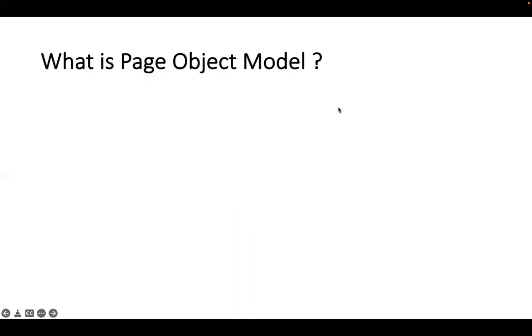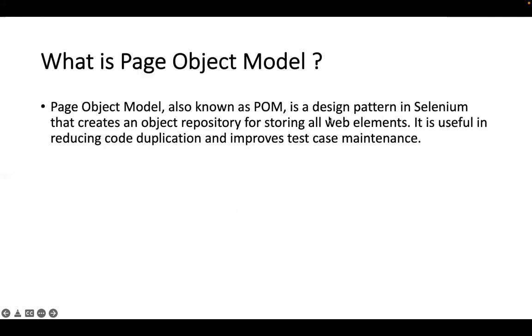So what is page object model? Sometimes it's called POM, but we should not confuse this with our pom.xml, which is project object model. So page object model is a design pattern in Selenium that creates an object repository for storing all the web elements.